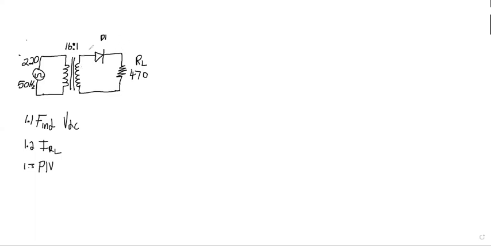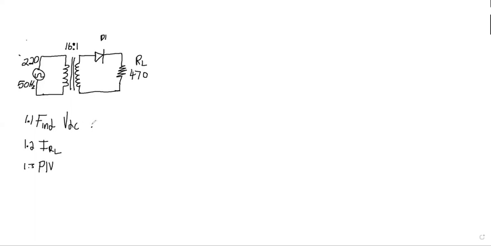These questions are summarized, so they are supposed to ask us for V peak, V sec, V peak out, and then we'll be able to get our VDC. We can't get VDC without V peak out, we can't get V peak out without V peak, and we can't get V peak without V sec. So it's step by step.